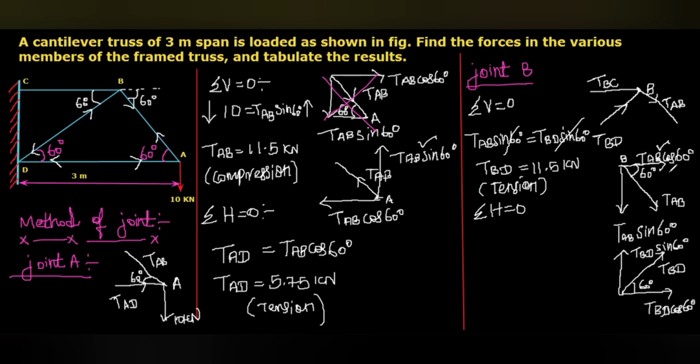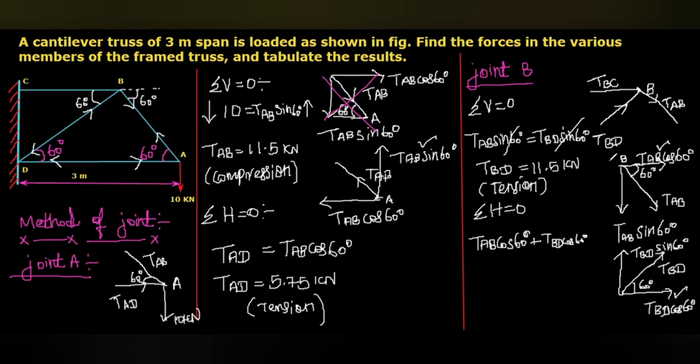Both are acting towards the right side. So this TBC should act definitely towards the left side. Here you can see the TAB cos 60 degree plus TBD cos 60.